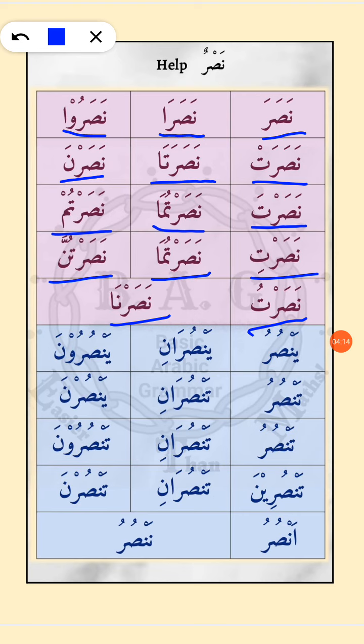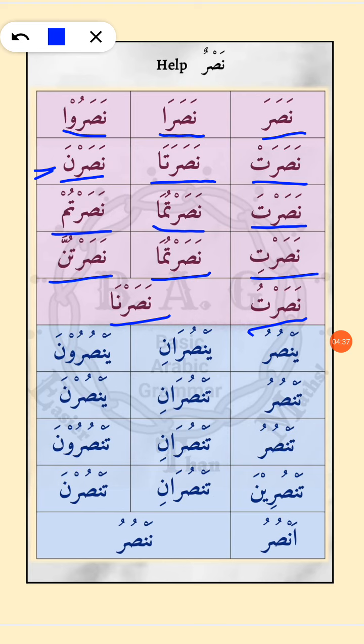If you don't want to do it that way, then it's perfectly all right to just know what these patterns mean. Because if you're saying nasarna, then you should know that this is actually the word for hunna, the pattern for hunna.